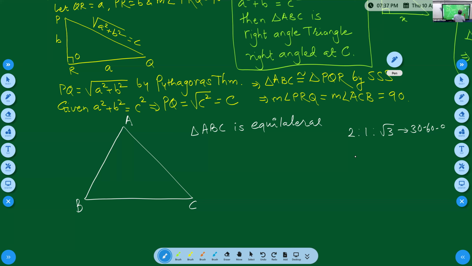If they are 1:1:√2, then 45, 45, 90. If the sides are in good proportion, then we can identify the triangle.